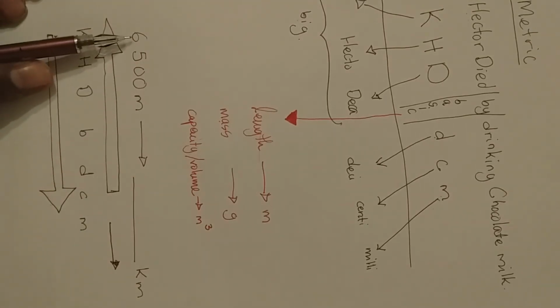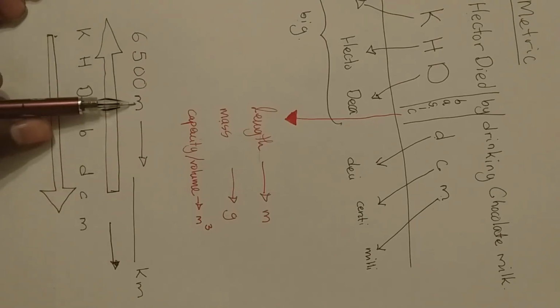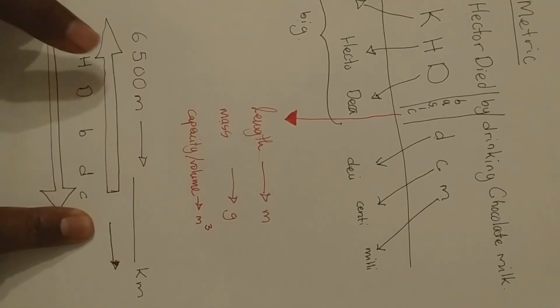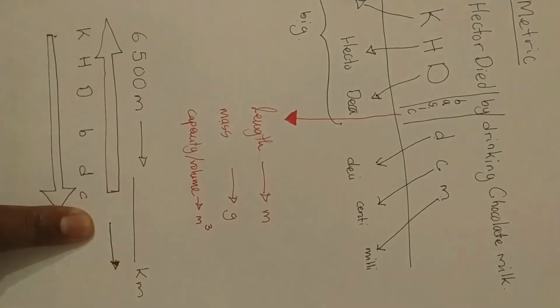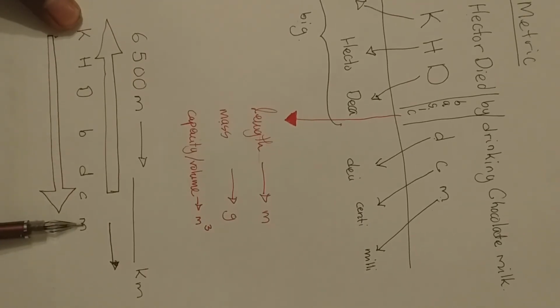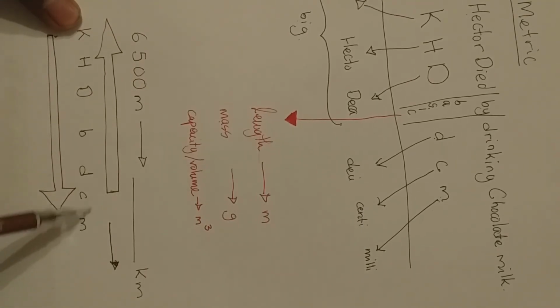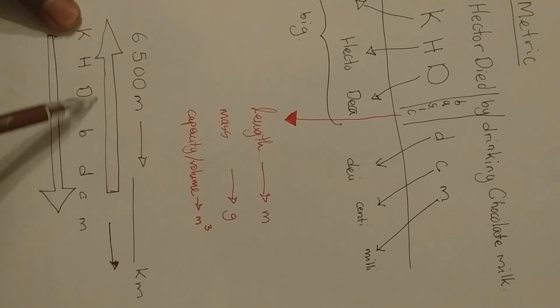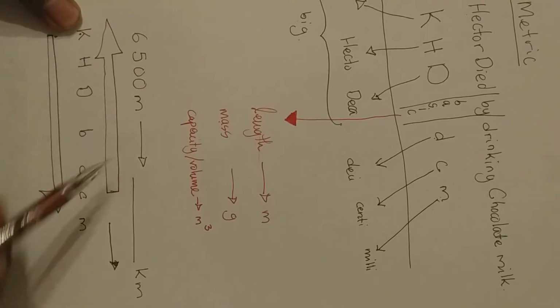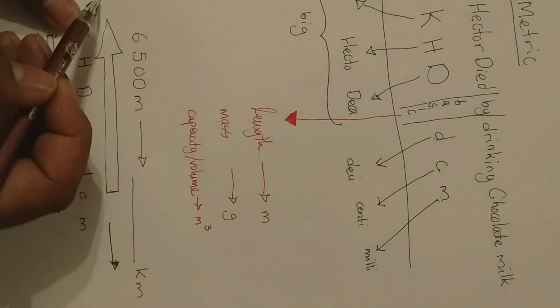Look at this number here, 6,500 meters. Put your finger on meters. You want to go from meters to kilometers. Move all the way to the left to kilo, and count the number of times you've moved. From meters we've moved 1, 2, 3, 4, 5, 6 times, to the left.